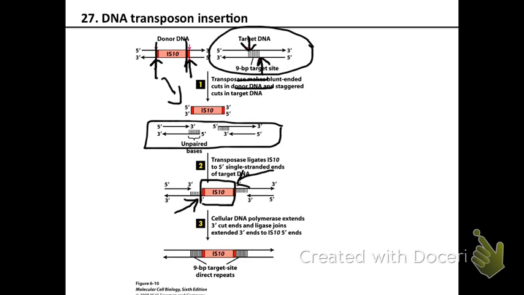And then the cellular enzymes recognize that there is a gap in the DNA strand here, right? And it recognizes it as a problem. And what it does is it basically adds nucleotides to close this gap and ligates it, right? Just like DNA polymerase would in a replication process, creating this final product, the insertion of the target site.